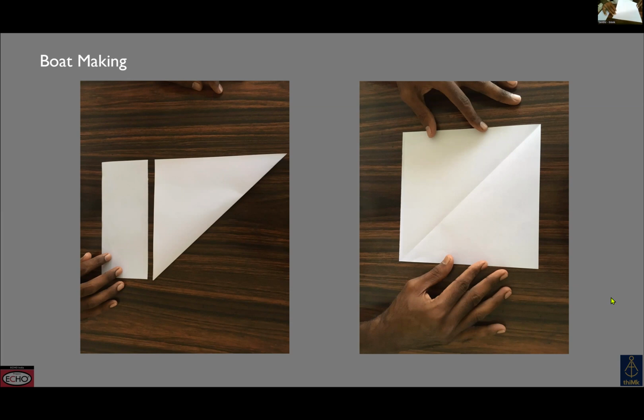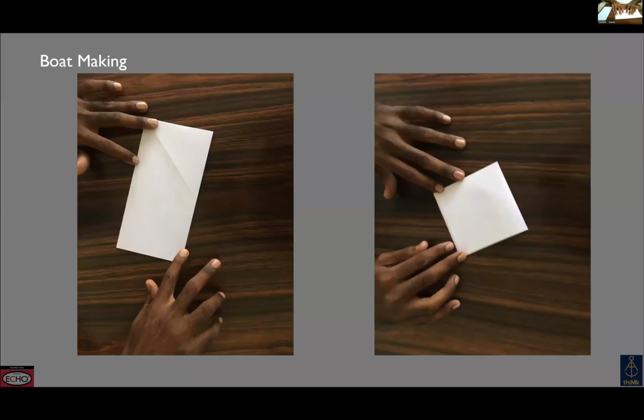So we open this up, and then you start making one fold, half of it. That's the next. Keep this piece, this piece is required. Don't throw it away. We'll work on this. We also make this.